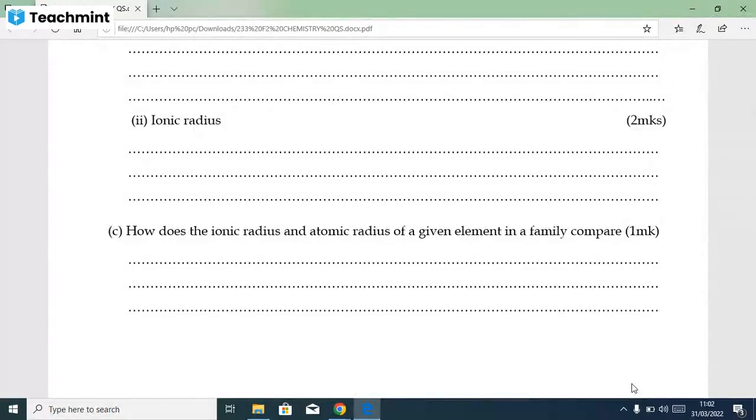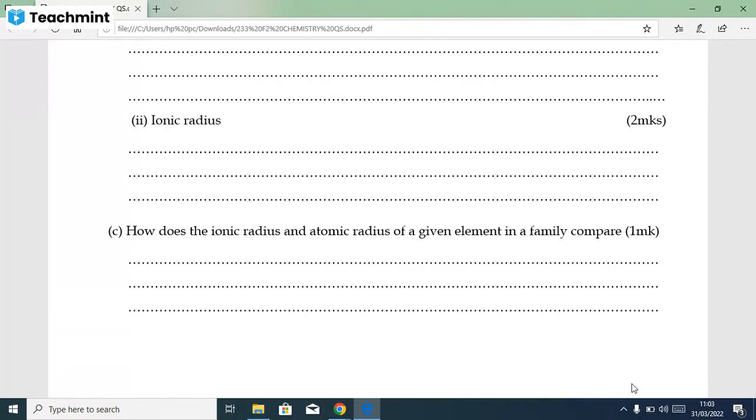How does the ionic radius and atomic radius of a given element in a family compare? Which family? The alkali metals. So let us compare the ionic radius and atomic radius. Here we talk about which one is larger or which one is smaller than the other.